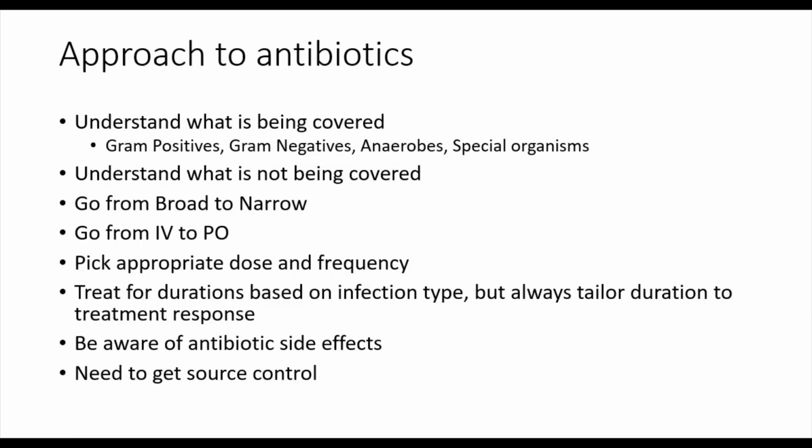Another important point is to be aware of the antibiotic side effects, which can help guide which antibiotics to prescribe. For example, when I'm trying to decide whether to give doxycycline or azithromycin as a typical cover for a patient with community-acquired pneumonia, I would usually give doxycycline unless I think that the patient has Legionella or Mycobacterium avium complex, in which case I would need to give azithromycin.